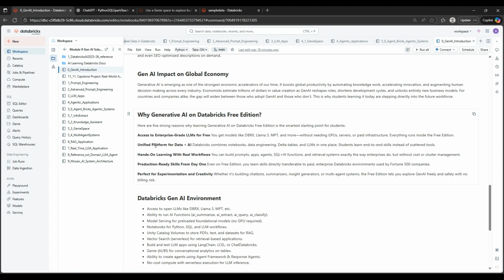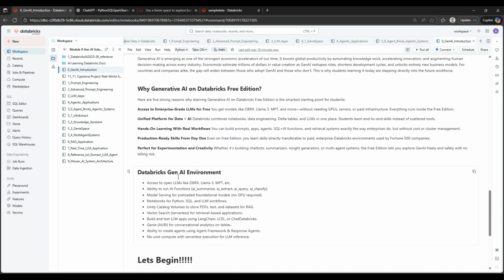The platform itself is great, and you can have hands-on learning with workflows and notebooks. Amazing notebooks are there, Databricks notebooks. Within that, you can install and run your code. You can experiment very easily. Then production-ready skills, because the platform itself is such an amazing thing, you can learn these production-ready skills right from day one. And then experimentation and creativity, as I mentioned, can be very easily achieved here.